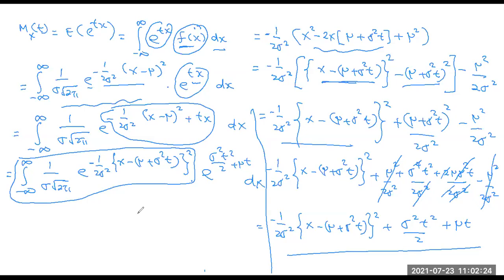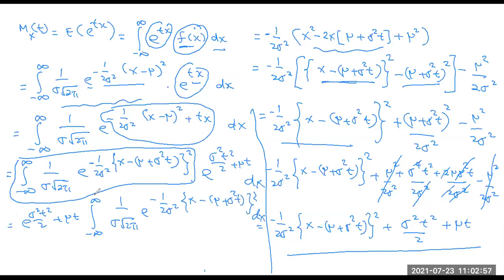Because we can factor outside the integral sign this term: exponent of sigma squared t squared over 2 plus mu t, times the integral from negative infinity to infinity of 1 divided by sigma square root of 2 pi, exponent of negative 1 over 2 sigma squared into (x minus mu plus sigma squared t) squared, with respect to x. So what is this term inside the integral sign?